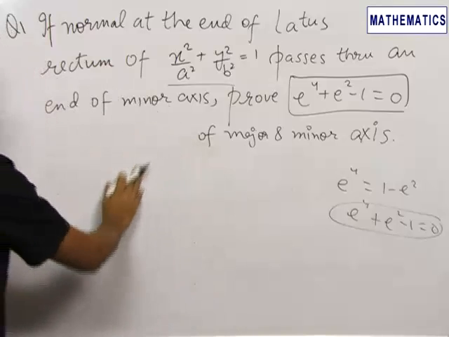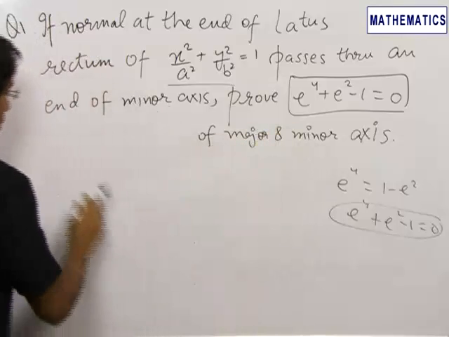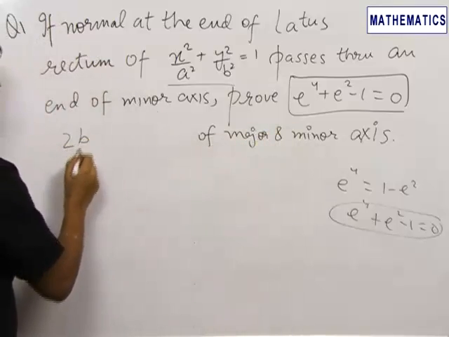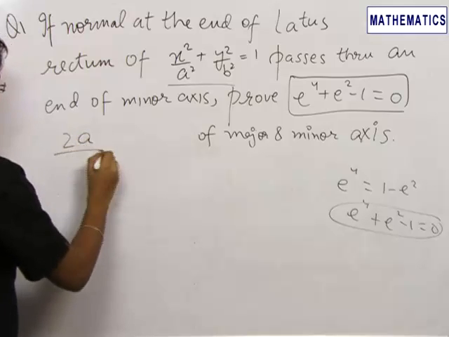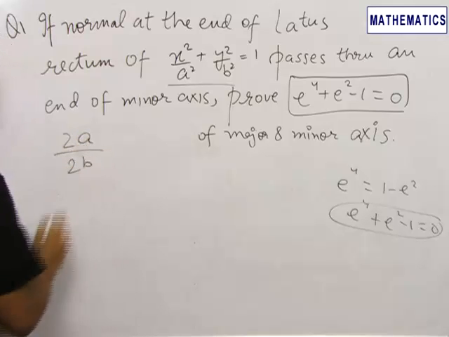Now we want to find the ratio of the major and minor axis. We know that the length of the major axis is 2a and the length of the minor axis is 2b.